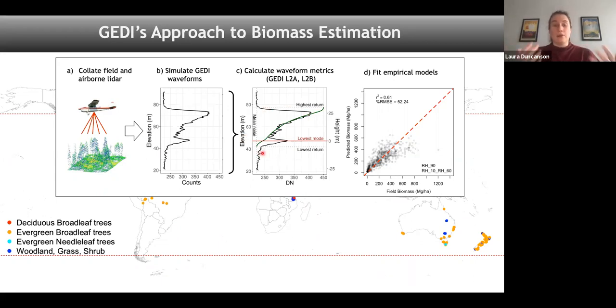And then we build empirical models to relate those simulated metrics to the field estimates of biomass on the ground that somebody has collected. So that's what we do at a global scale. And I'll walk through some of the details on that. This is all from a paper that's still in prep. It has not come out yet, but we're hoping to get it out hopefully around the same time as the products so people can make sense of the products.